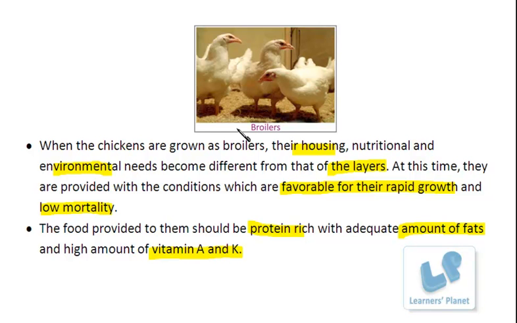Besides this, another factor to be considered in the case of layers as well as broilers is protection against diseases. Of course, it is very important. Otherwise, as I already said, it can affect the growth of these organisms, the quality of the eggs, or the quality of the products.